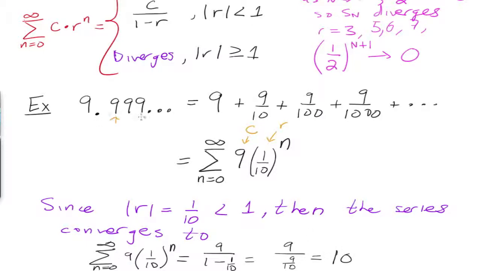So 9.9999999999999 forever and ever and ever is actually equal to 10. Ta-da!